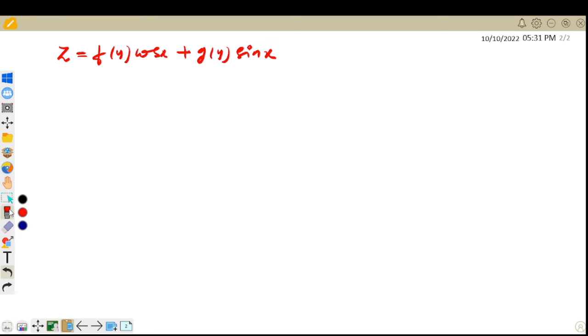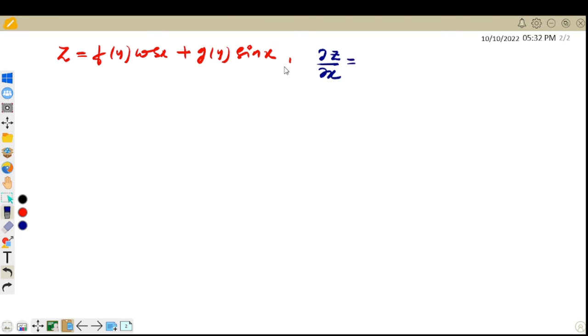Now what are the conditions you have? When x equals 0, z is equal to e^y, and when x equals 0, ∂z/∂x is equal to 1. Okay, so let us differentiate this with respect to x.